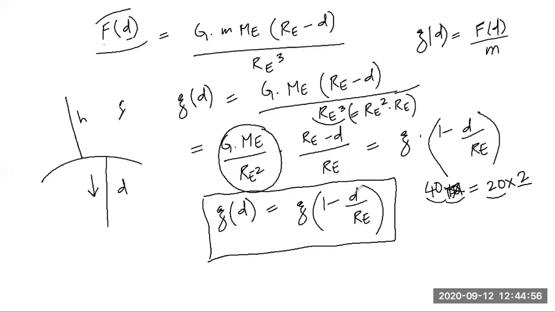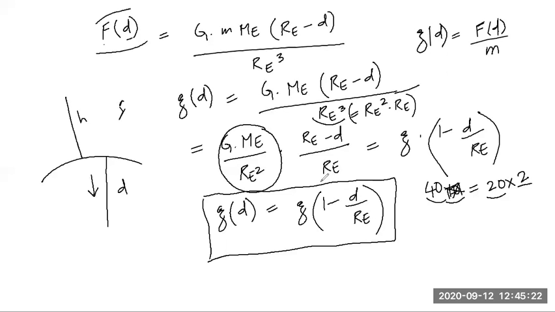So 1 minus d by Re. What is d? d is depth. It would be 1 kilometer, you see. So Re is a very big number. Am I right? Re is a very big number, the radius of Earth. So this thing will be less than 1.